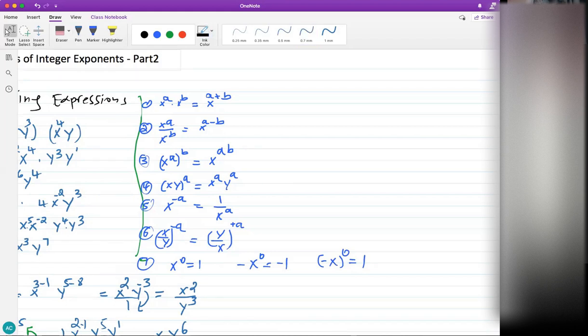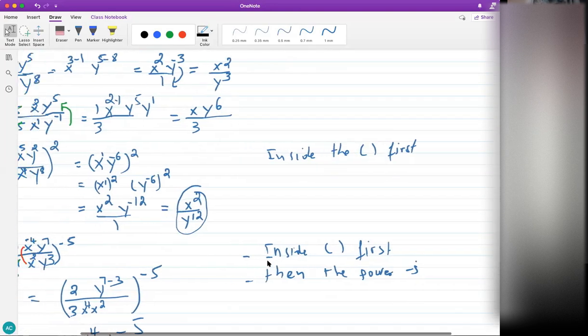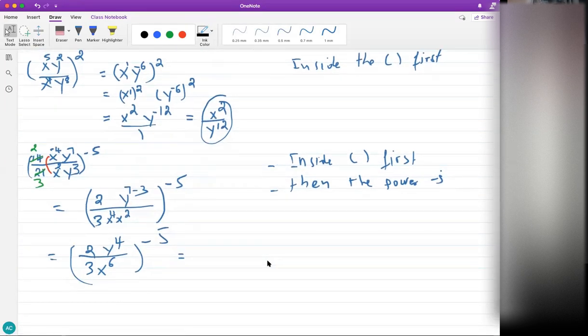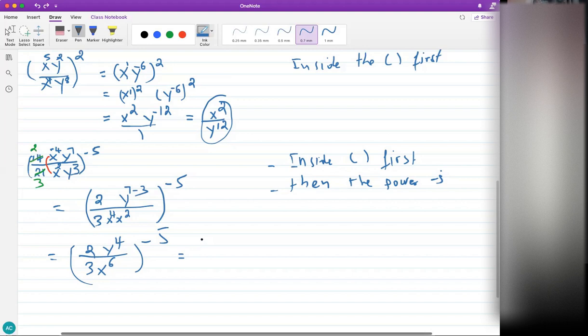Rule number 6. That's right, 6. So what do you do to the fraction to make the power positive? Invert it. Flip it. Exactly, so we're just going to flip the whole thing.